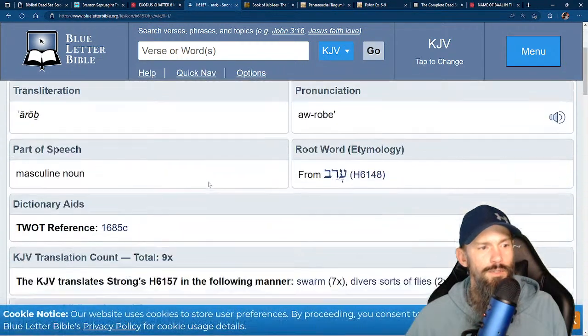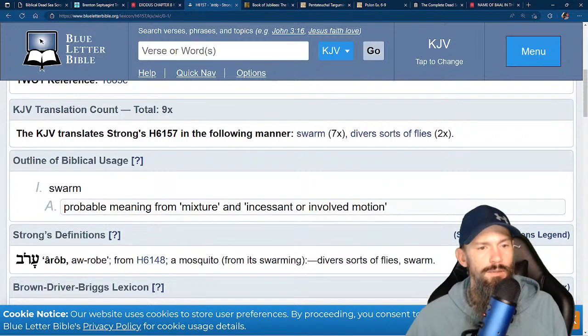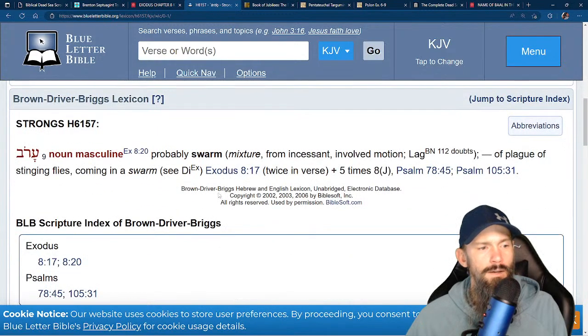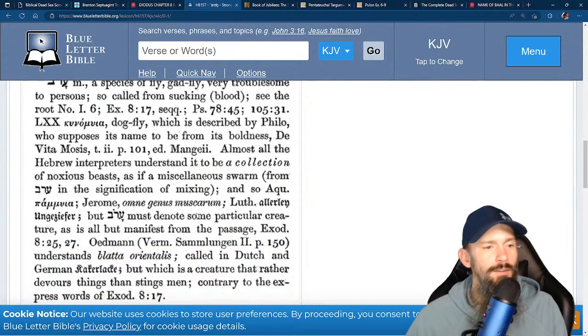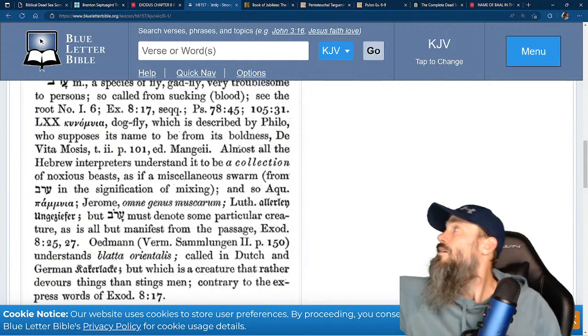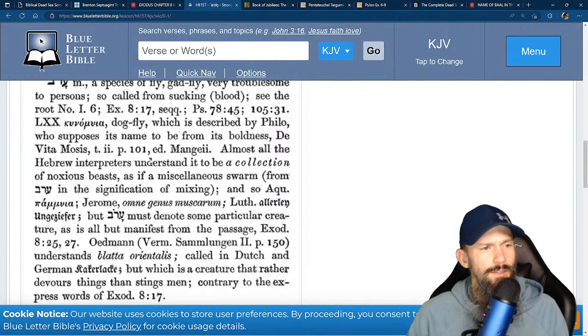Each swarms. Diverse sorts of flies. Mixture. Incessant or involved motion. A mosquito. Well, they call it a dog fly. Got to be a reason why the Greek translated as dog fly. Let's see. Getting dark out.